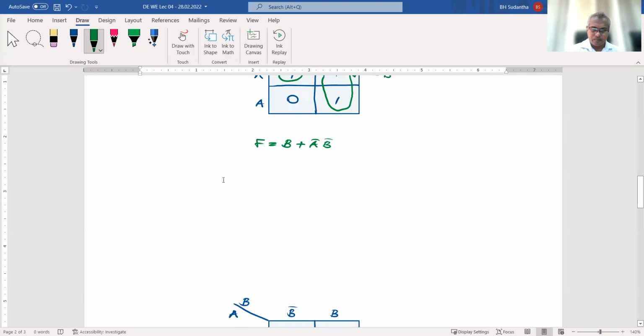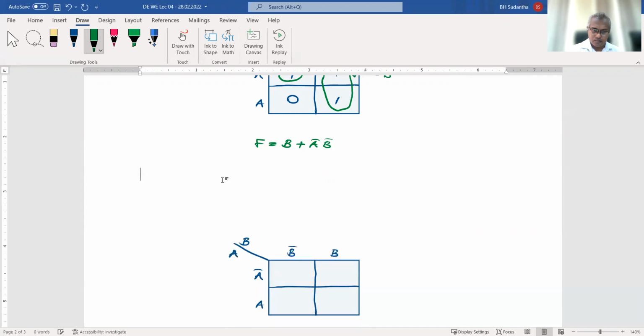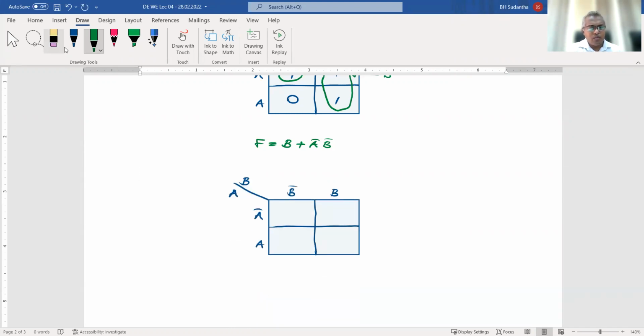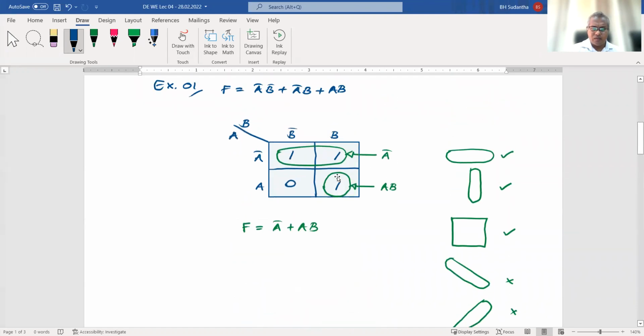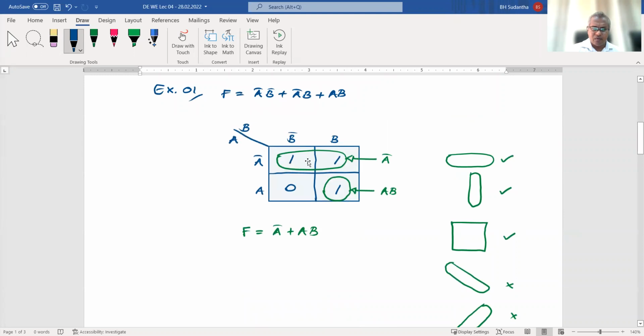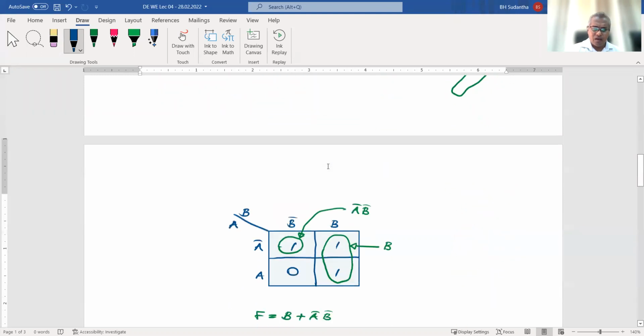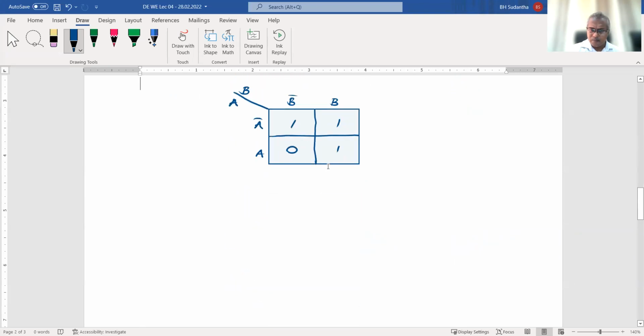Okay. What about that? In the second case we made this vertical group, and in the first one we made this horizontal group. Can't we join these two groups together? For example, first we made this first equation, the second one we made this horizontal group.